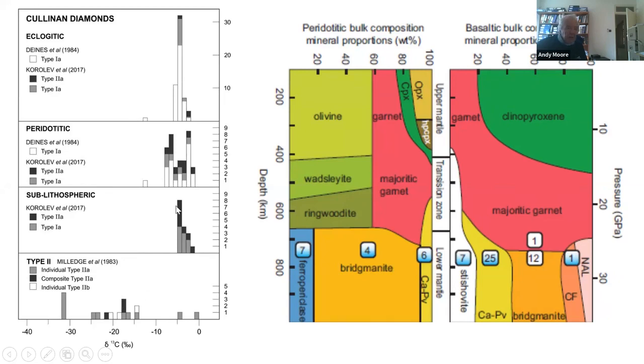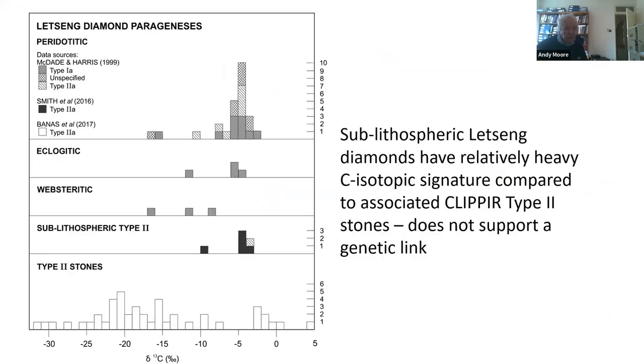So if you find a nitrogen-free stone with inclusions, you have to have reason to link it to the clipper population. Simply having a nitrogen-free stone on its own is not necessarily going to be a clipper stone.